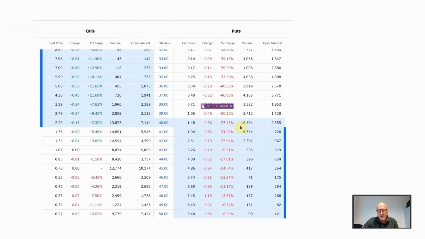The volume was 10,000, which means those have already traded. So let's say the open interest is 2,355. If you multiply that times 100, you get 235,500 shares, something like that. I'm not doing any good math off the top of my head.